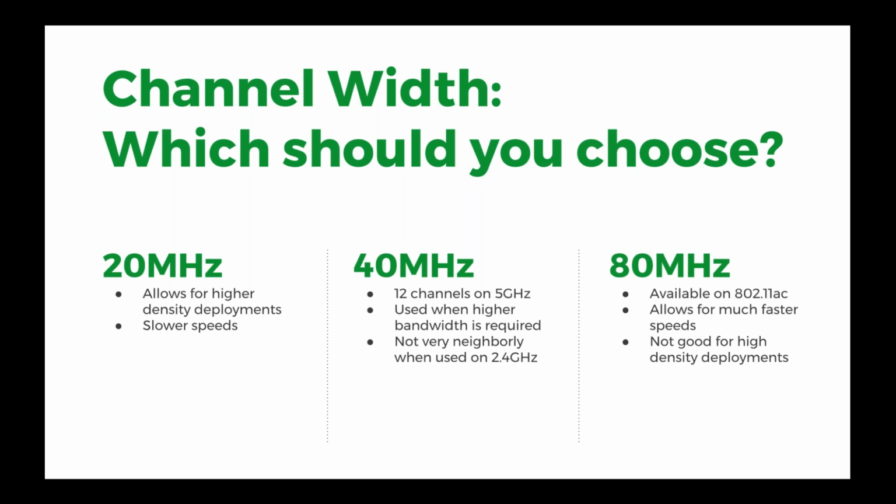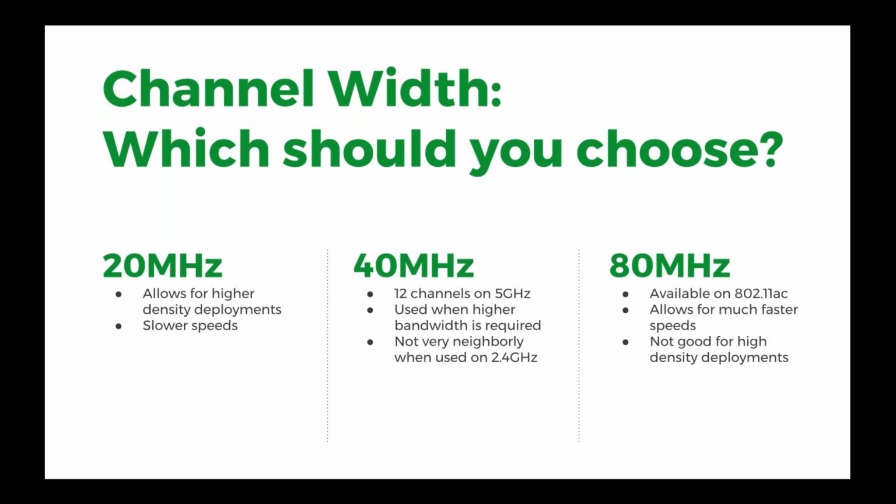And then on 80 megahertz wide channels, this is available on 802.11ac, and it allows for much faster speeds, up to and over a gigabit of the physical link speed. But it's not very good for high density deployments because you're using up a lot more of the band.